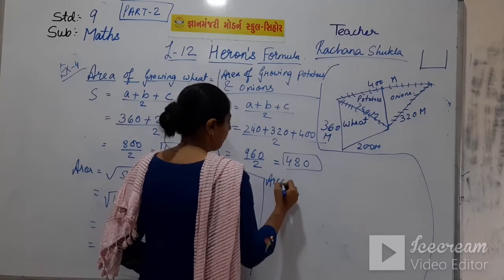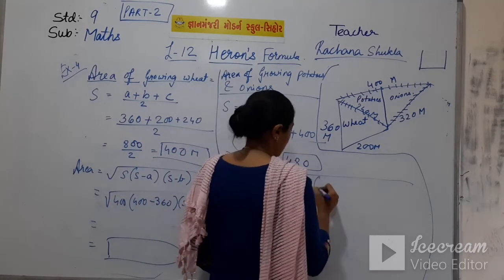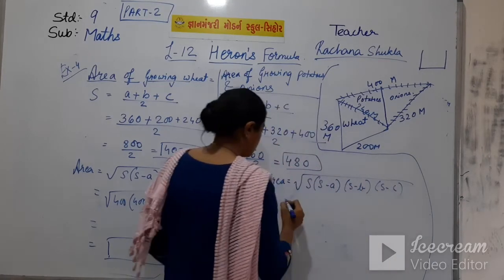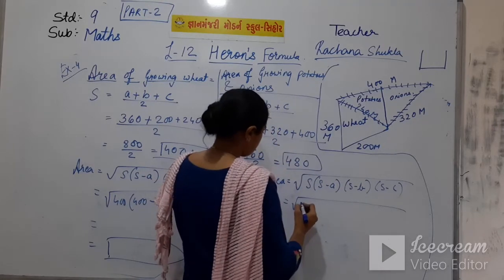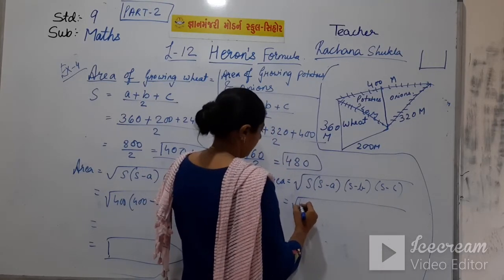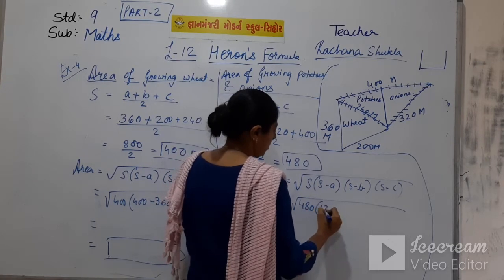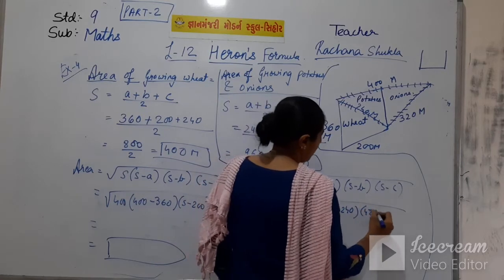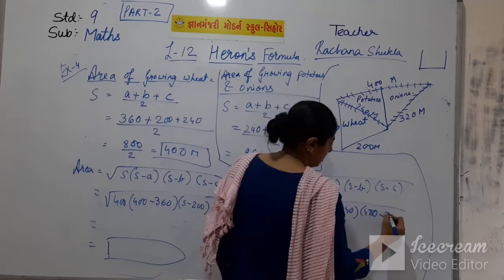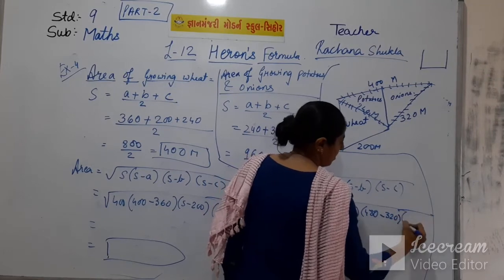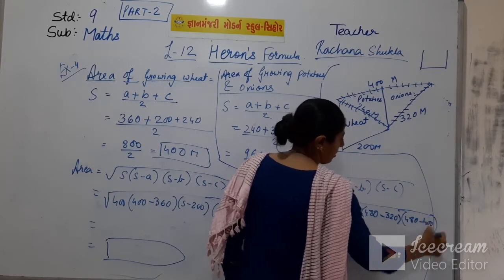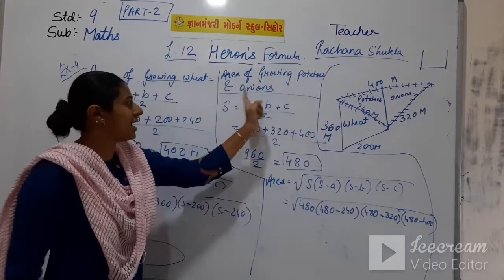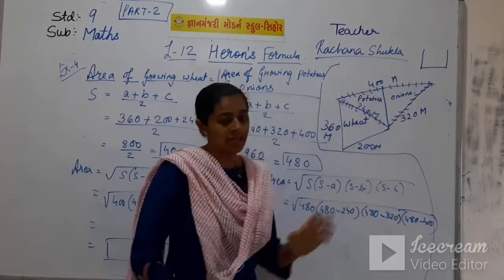Now putting the formula of area, S minus A, S minus B, S minus C. That means S is your 480, 480 minus 240, 480 minus 320 and 480 minus 400. Solve the sum.